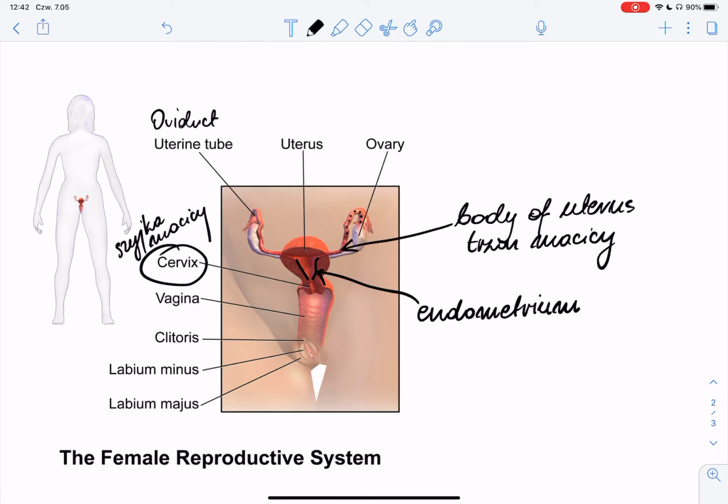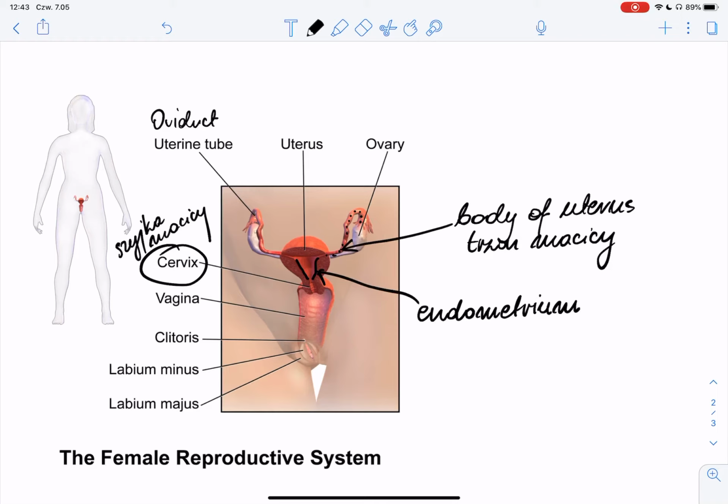This mucous membrane is filled with numerous blood vessels, first of all, in order to supply the uterus with all the necessary nutrients, but also to make the walls of uterus soft and cozy for the upcoming egg cell.